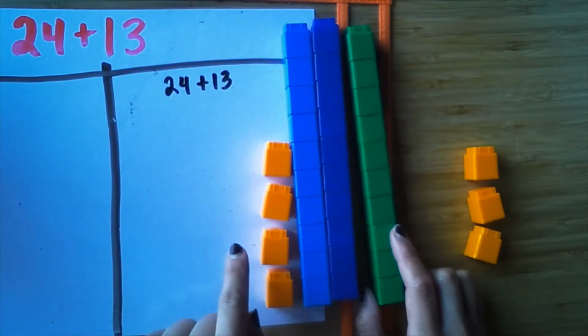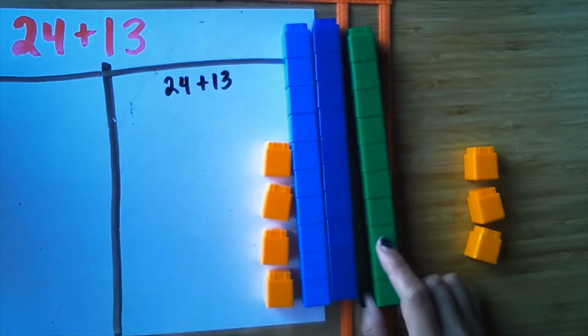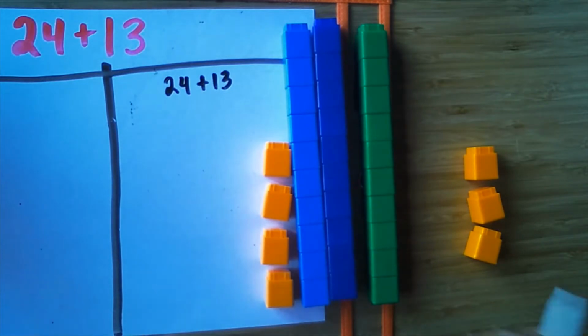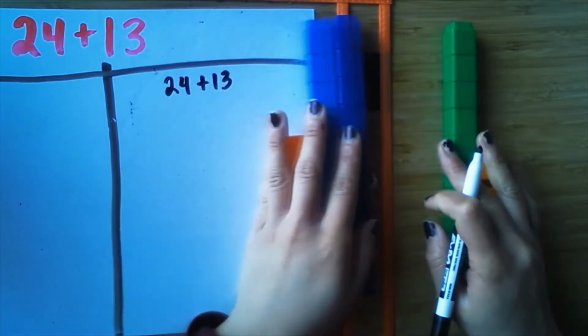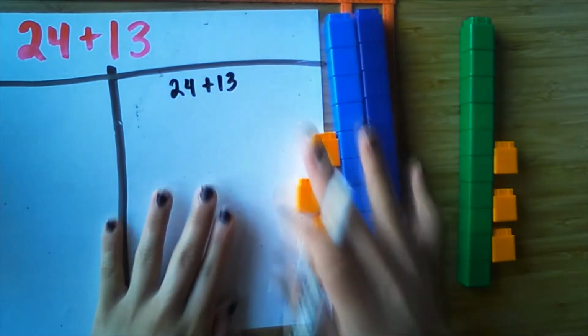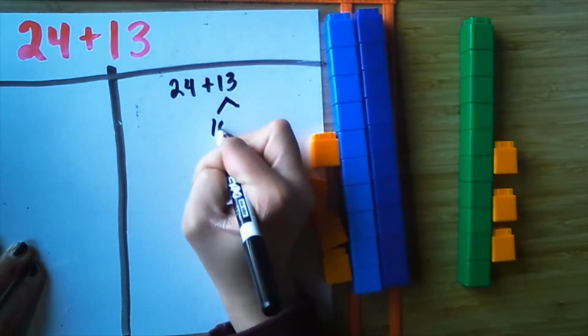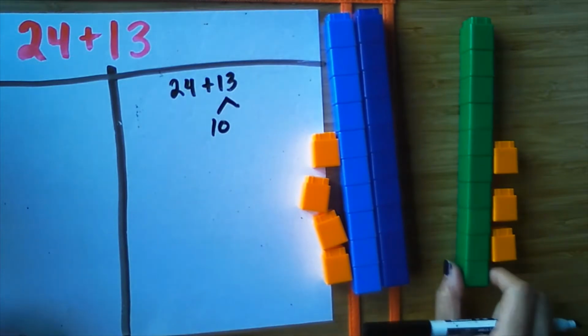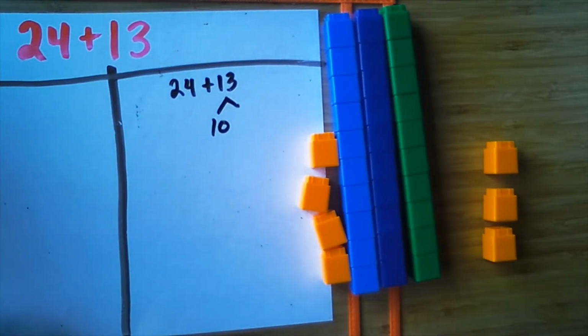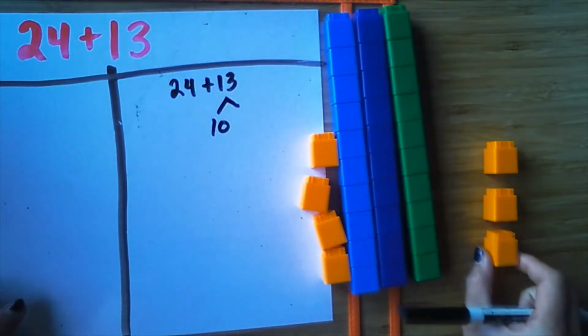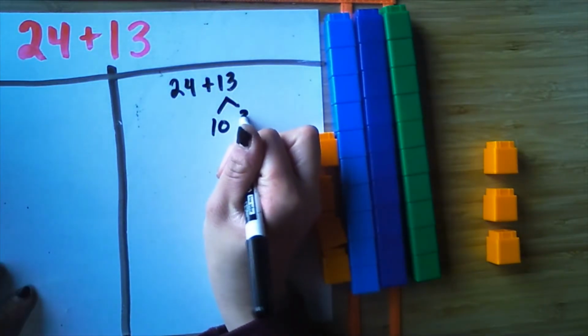Let's use a number bond to show the same thing, okay? So make sure you're following closely. Remember I asked you guys, we're going to take the 10 from the 13 and we're going to add it to the 24. We still remember that 3 is also the other part that makes up 13.